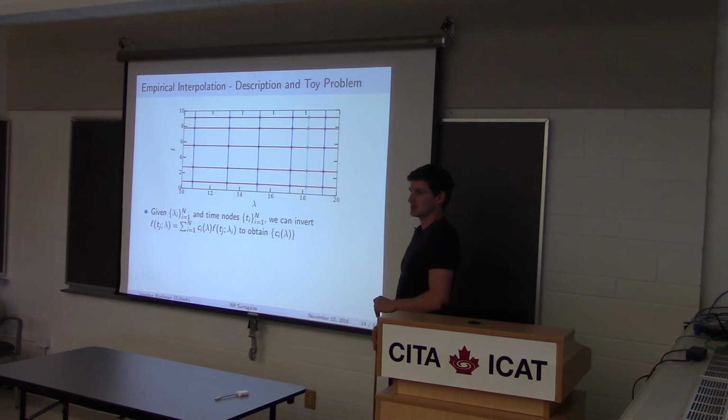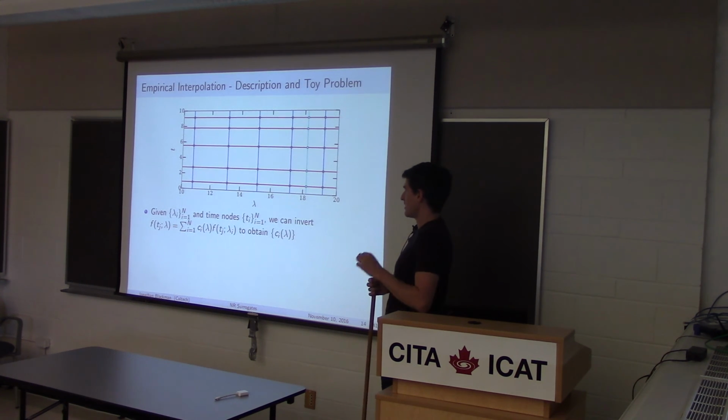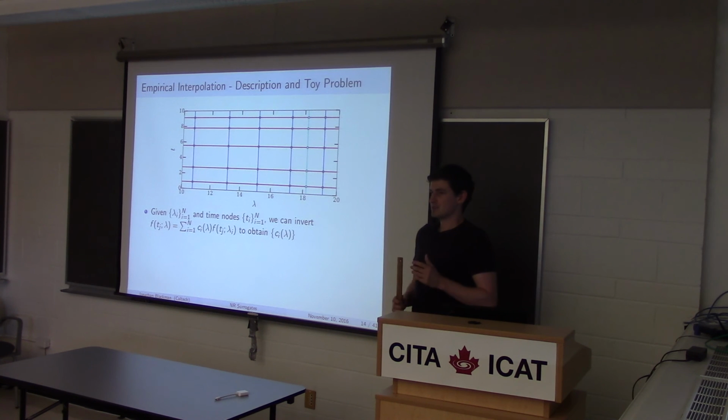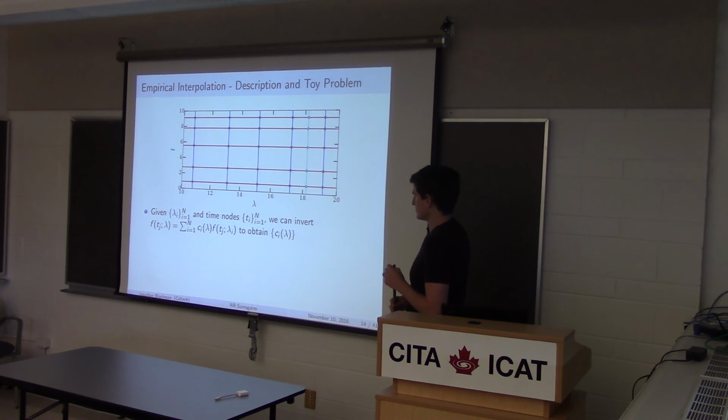So the next step is to choose some corresponding empirical time nodes, some specific points in time at which we're going to do this parameter space interpolation. Now, we're going to use the fact that we can represent any of our solutions as a linear combination of the underlying basis functions. So if we have n basis functions, we're able to choose just n points in time at which we need to know the value of the function in order to recover the function at all other points in time.